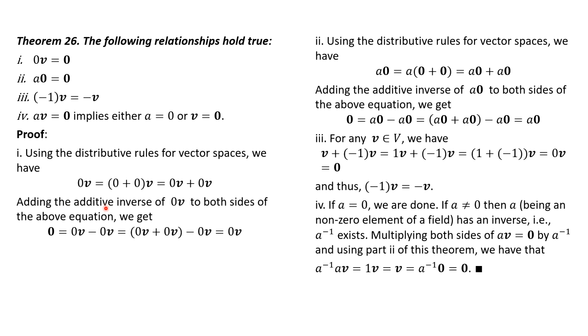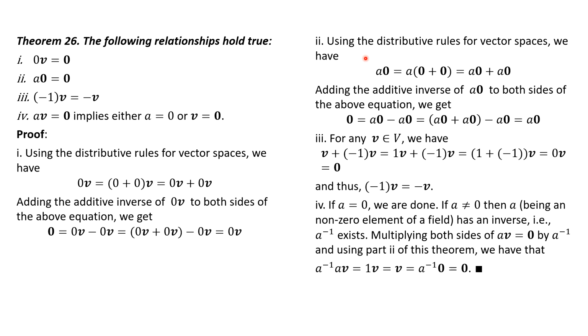Then adding the additive inverse of 0v to both sides, we get 0 on the left, and on the right we get the scalar 0 times v, and that's what we wanted to prove.